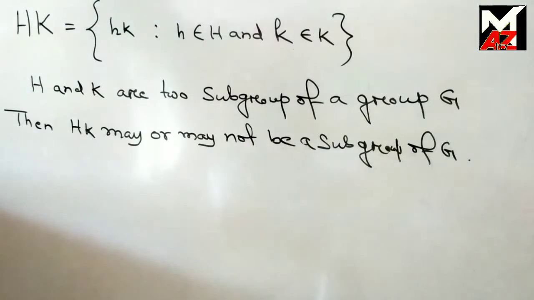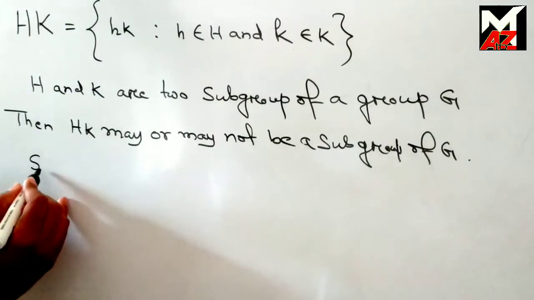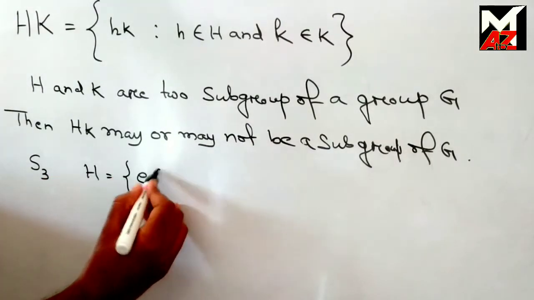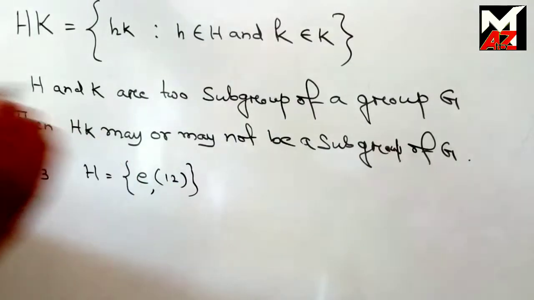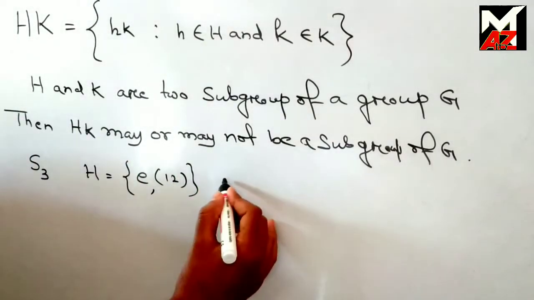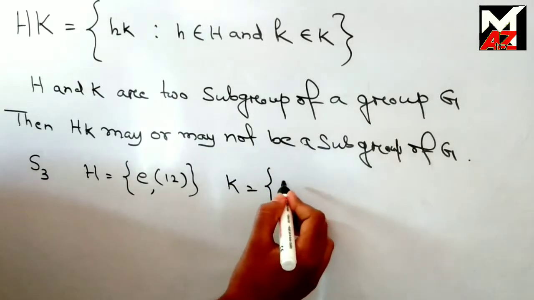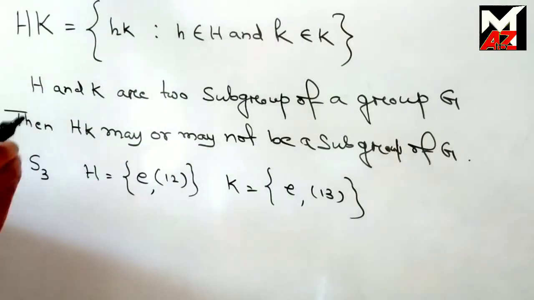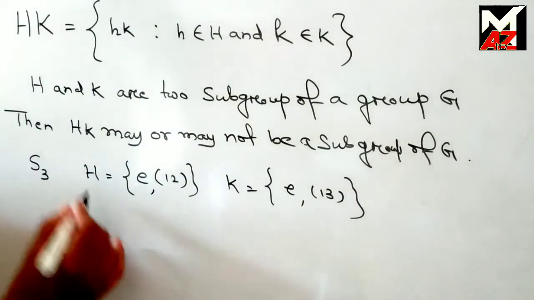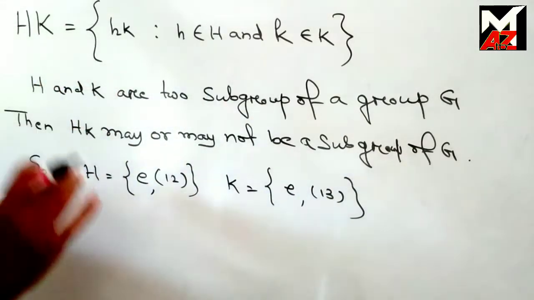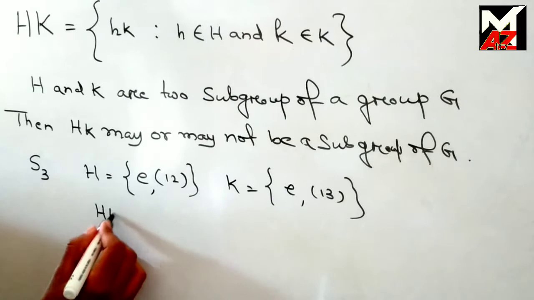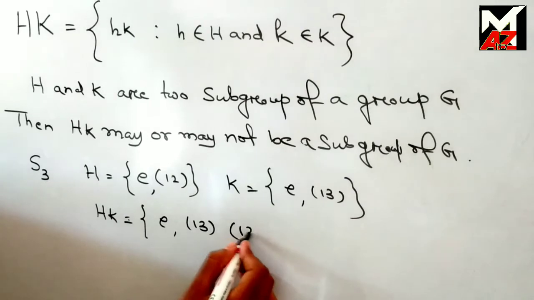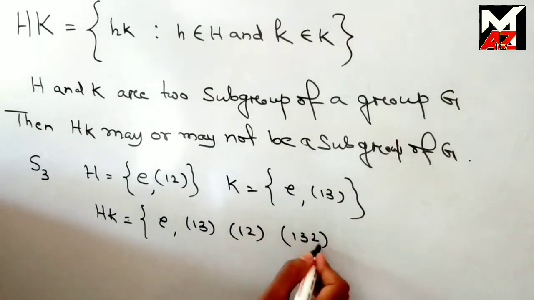For example, if we take the group S3 and let H be {e, 12}, we know that this is a subgroup of S3. Also, if we let K be {e, 13}, this is also a subgroup of S3. But from this definition, if we calculate HK, then we get HK equal to {e, 13, 12, 132}.